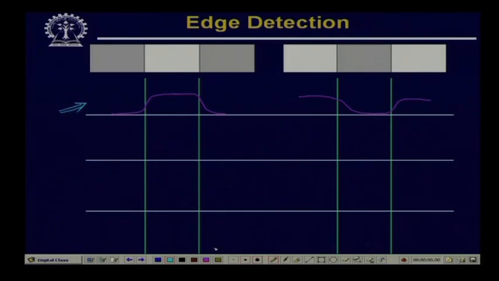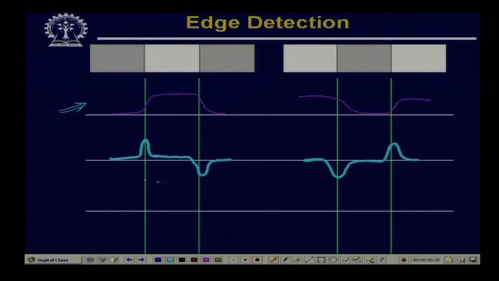Now, let us see what happens if I take the first derivative of this intensity profile. In the first case, the first derivative of this intensity profile will be something like this, and the first derivative of the second profile will be something like this.